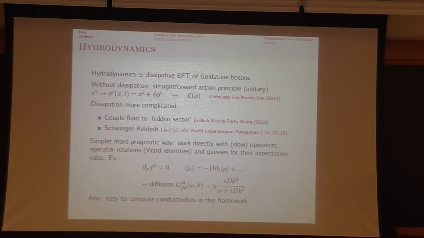Then some operator relations that they satisfy, such as Ward identities, and then guesses for their expectation values. So instead of writing down an EFT, where I would use symmetries to constrain the terms I can write down, here I'll use symmetries to constrain what I can write down in expectation values of operators. And this will shortcut the way to getting Green's functions.